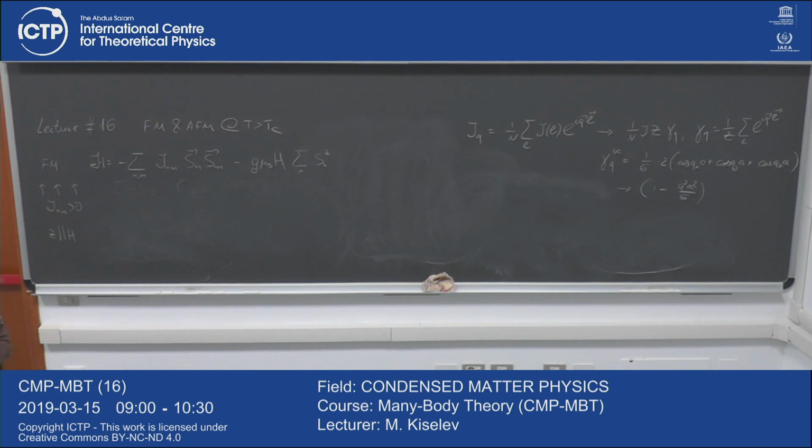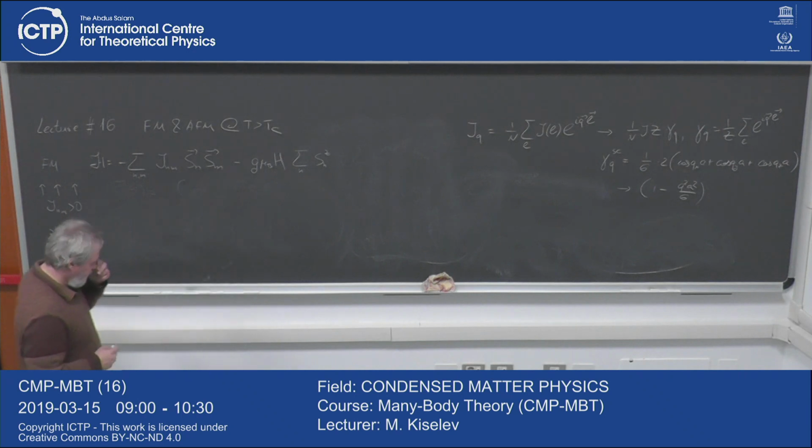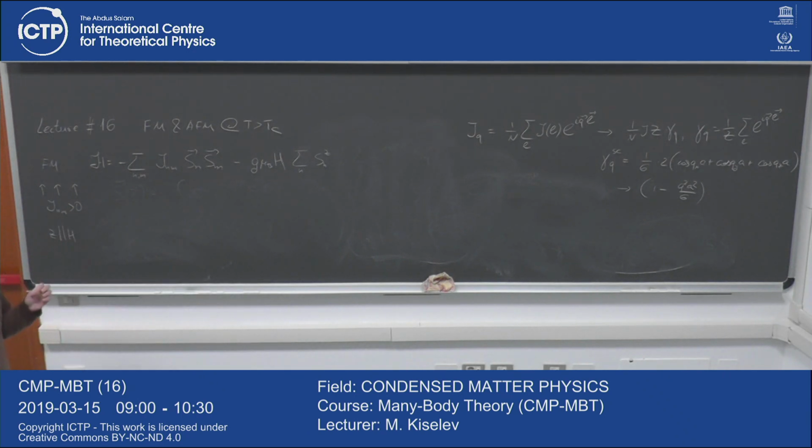However, in the same spirit as we used in the RPA approximation for the metal, I will just design or engineer some particular form of H. Namely, I assume that the magnetic field which I apply has only one Fourier component. So this is a harmonic field.